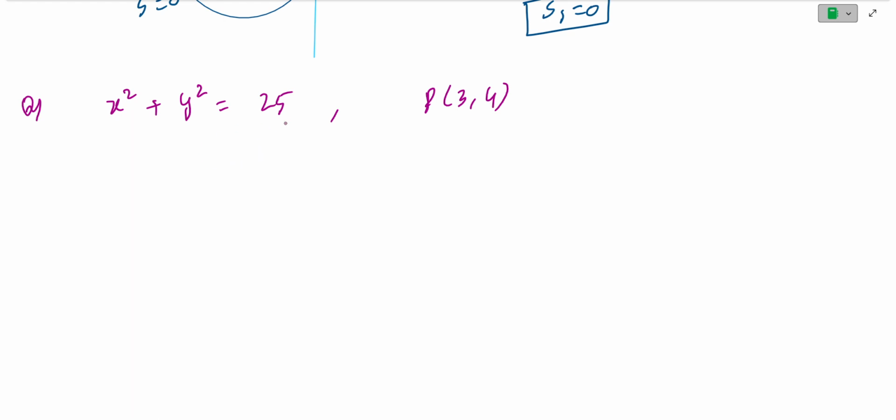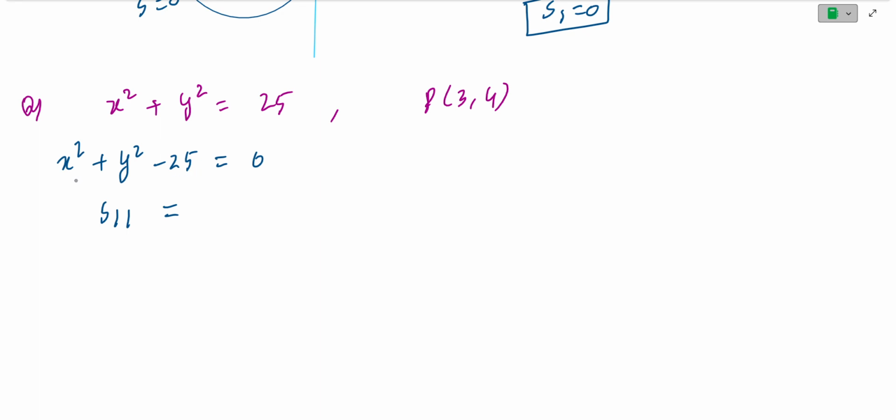First, let me write this 25 to the left hand side. So I'm going to get x square plus y square minus 25 is equal to 0. First I'm going to find the S11 value. S11 is equal to, substitute this point P's coordinates in the given expression.